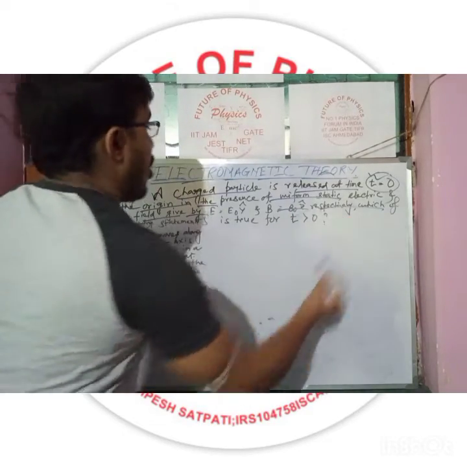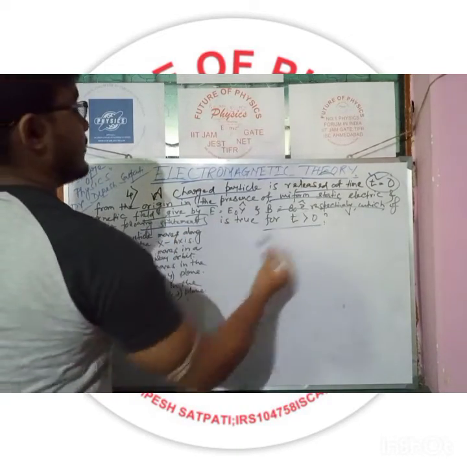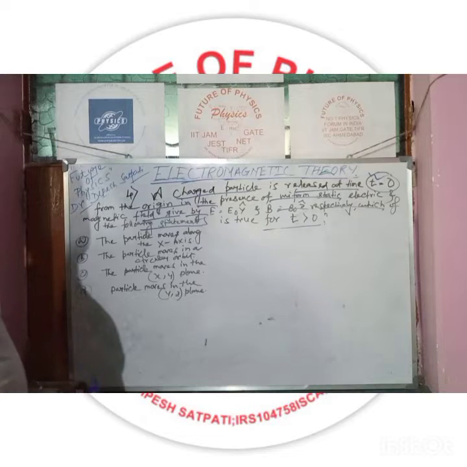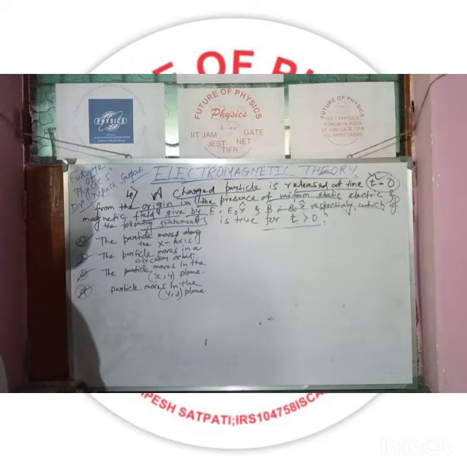Which of the following statements is true for t greater than 0? Option A, the particle moves along the x-axis. Option B, the particle moves in a circular orbit. Option C, the particle moves in the xy plane. Option D, the particle moves in the yz plane.